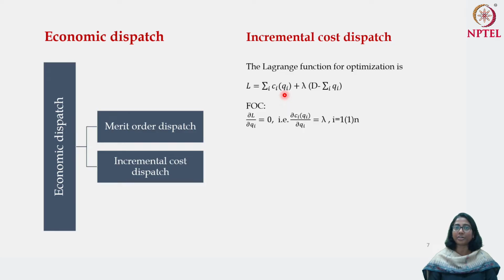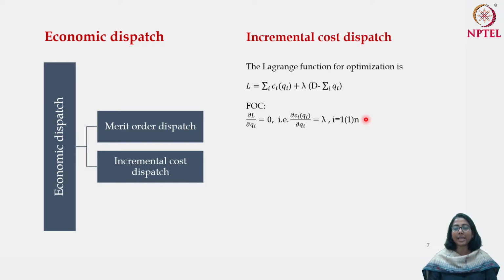So I have the first order condition given by del L del Qi equal to 0, which means del Ci(Qi) del Qi minus lambda equal to 0, and therefore I write this expression: del Ci(Qi) del Qi equal to lambda.